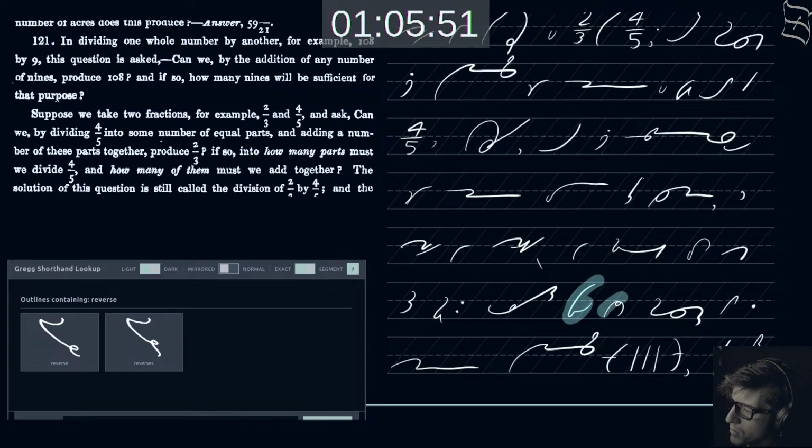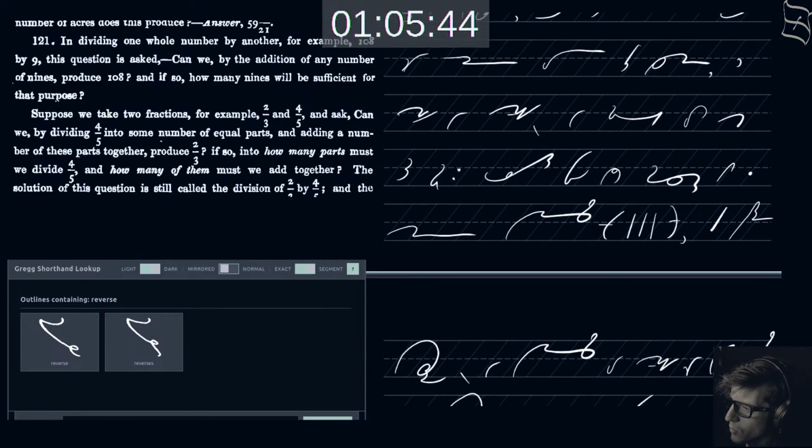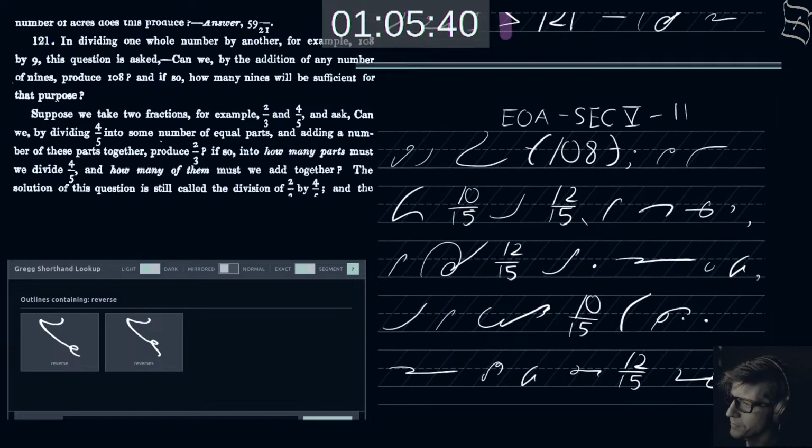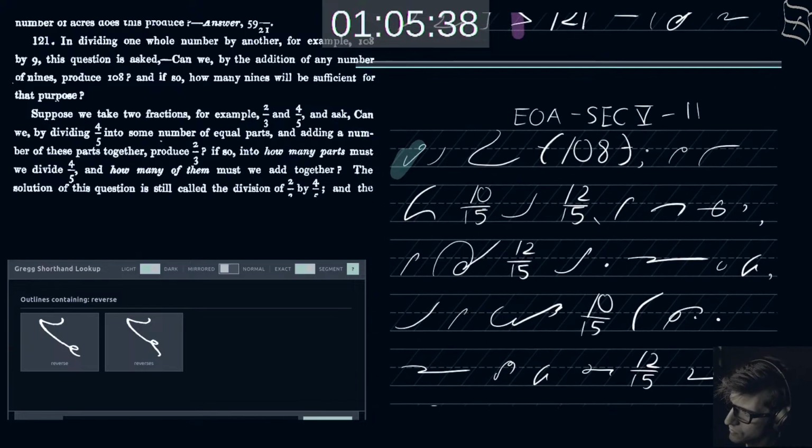Reduce both these fractions to a common denominator, according to Article 111, which does not alter their value, according to Article 108. They then become 10/15 and 12/15.